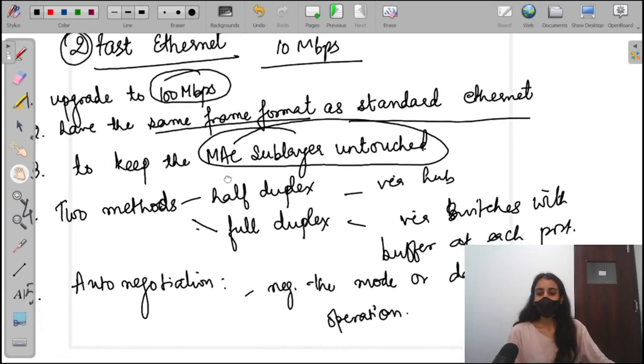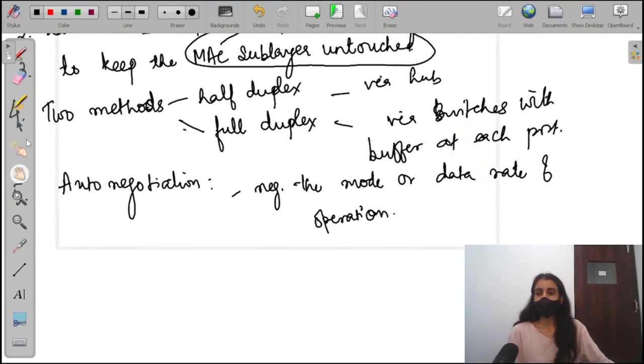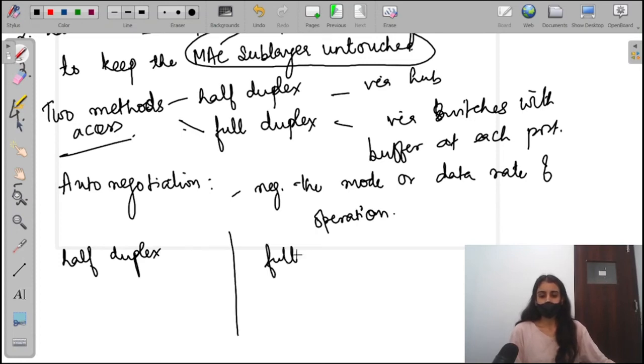There are two access methods that Fast Ethernet uses. One is half duplex and the other is full duplex.